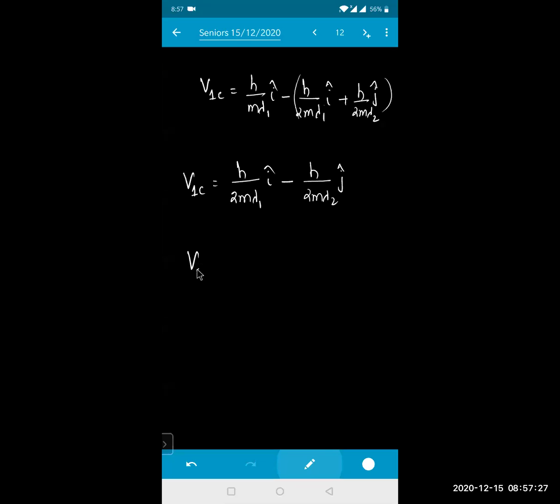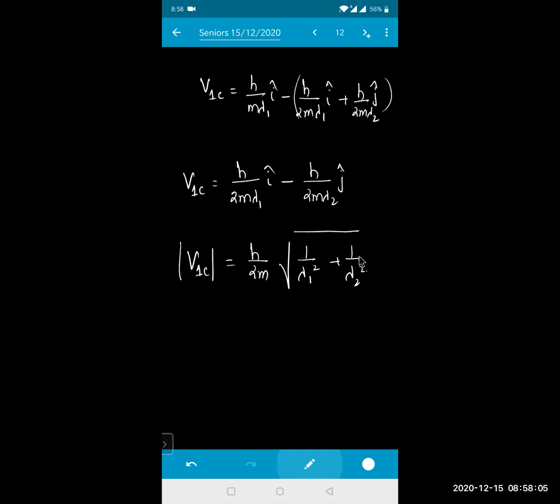So the magnitude of this will be equal to how much? If I take the magnitude, h by 2m comes out, and this is under root of 1 by lambda 1 whole square plus 1 by lambda 2 whole square.